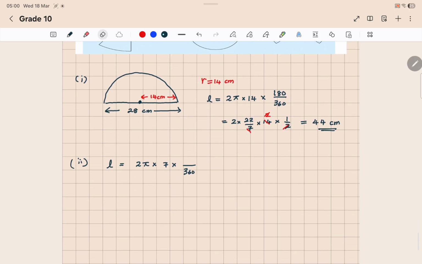Now simplify: 2 times 22 over 7 times 7 times 1 over 4. The 7s cancel, 2 and 4 cancel, and you get 22 over 2, which is 11. So 11 centimeters is the arc length.